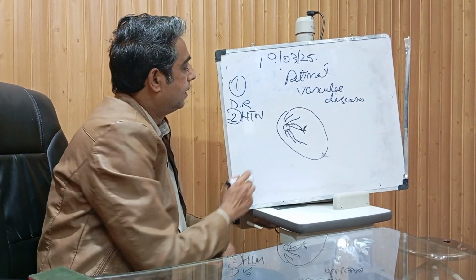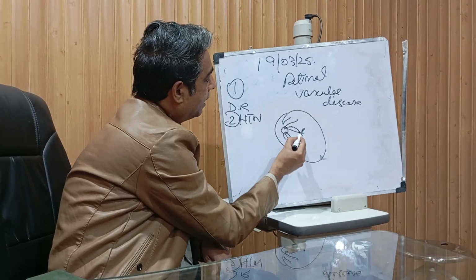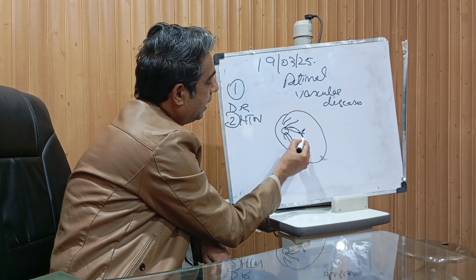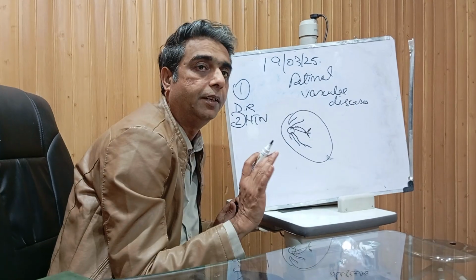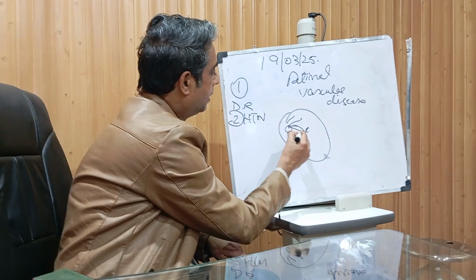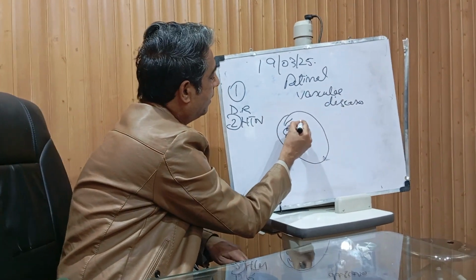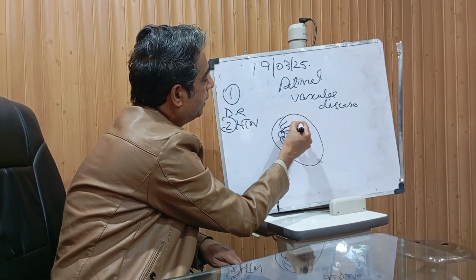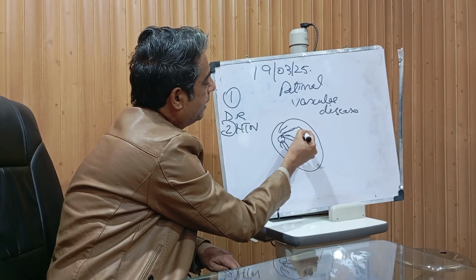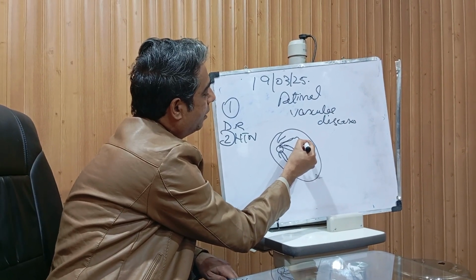That is, if this is the artery and it is constricted, and if it becomes totally occluded, let's see this artery. This is supratemporal artery and it has become so constricted that it has occluded. What will happen?